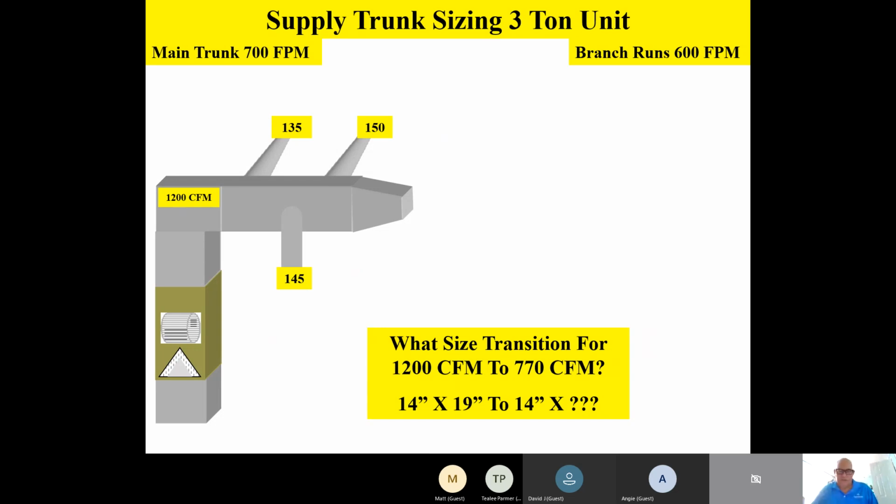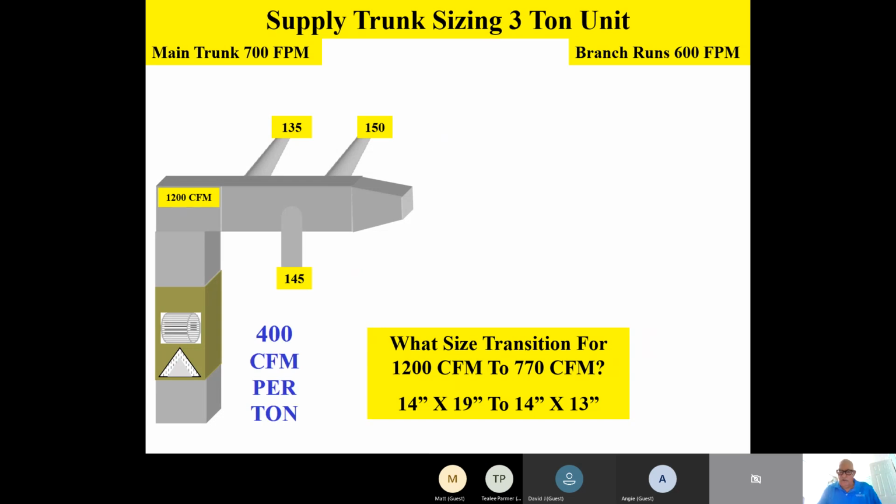Now remember, team, if you're within an inch or so, that's going to be close enough. So on my duct calculator, it looks like about a 14 by 13 or something like that. About a 14 by 13 will give us our 700 feet a minute velocity, and it will carry that 770 CFM down the next section of trunk. Any questions or comments how we arrived at that number? Is everybody good?